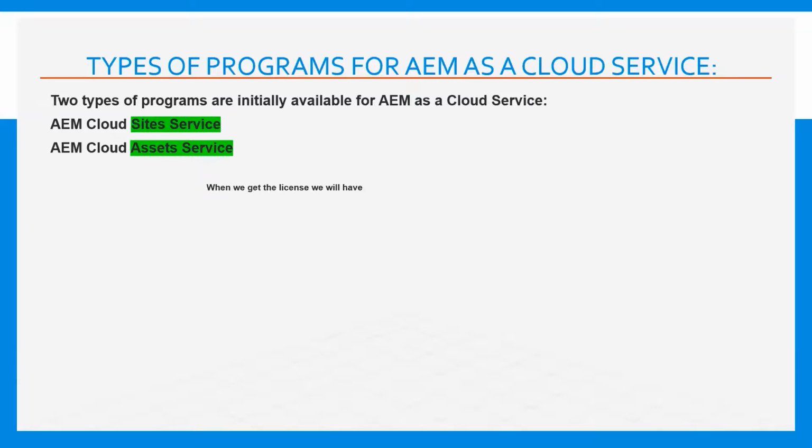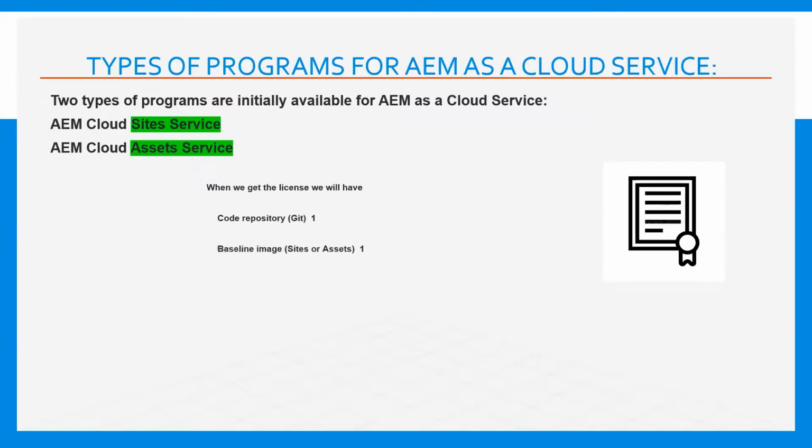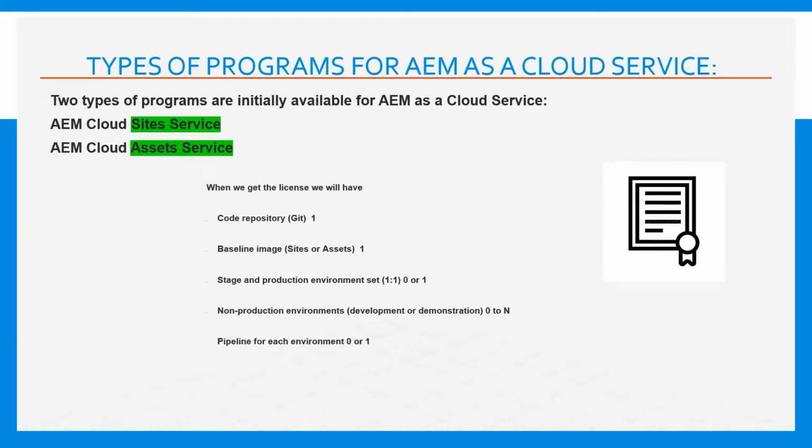Once we obtain the license, we will have one code repository, one baseline image, one stage and prod environment set, a non-production environment, also a pipeline for each environment. Author tier will have all sites and assets functionality for all programs, but the assets program will not have publish tier by default.